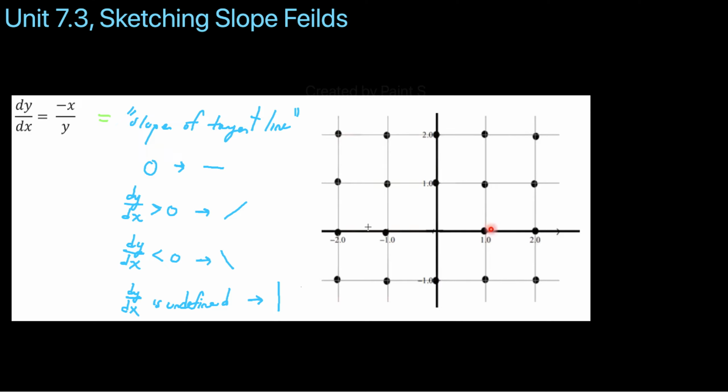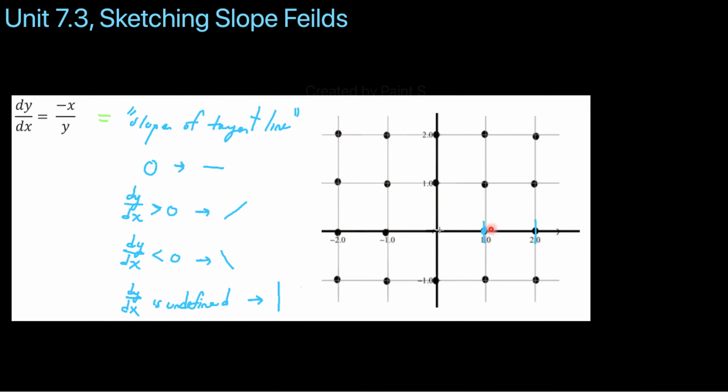Now it's pretty much as simple as going to each of the points they give you and drawing what you get when you plug in the x and y values. This is the point (1, 0), so x is 1, y is 0. I'd be dividing by 0, so I have an undefined slope right here.